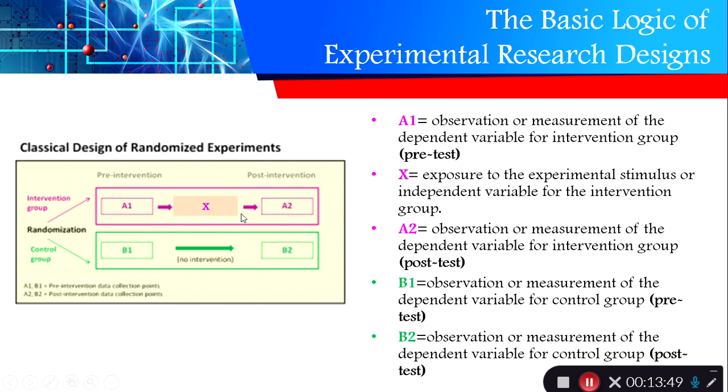So essentially what we would hope to happen is that as a result of exposure to the intervention, which is in this case individual therapy, we would hope to see decreases in depression over time from pre-test to post-test, particularly among our intervention group, given that they're the ones that have been exposed to the experimental stimulus.